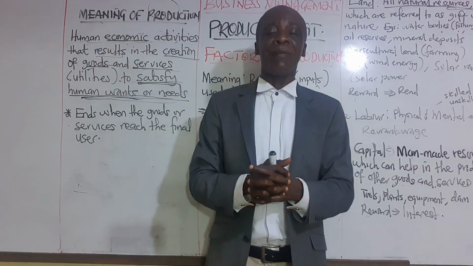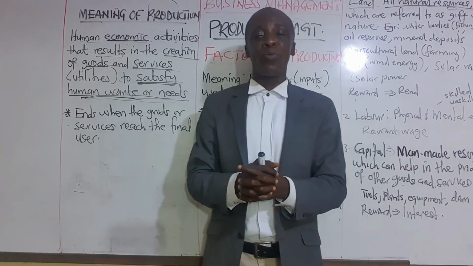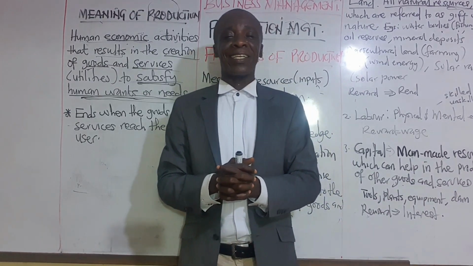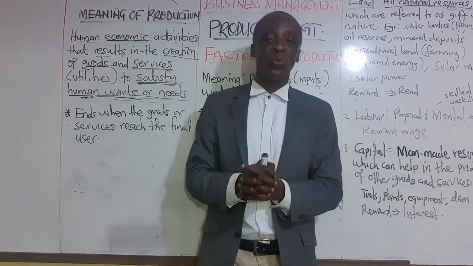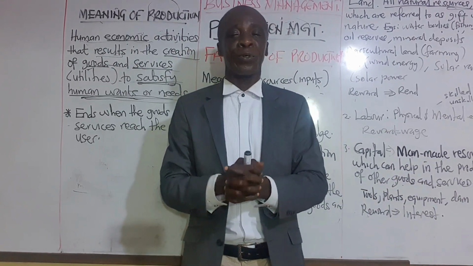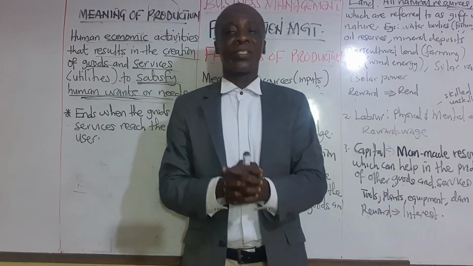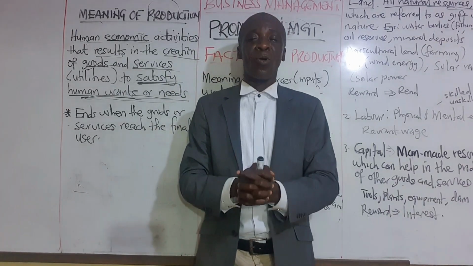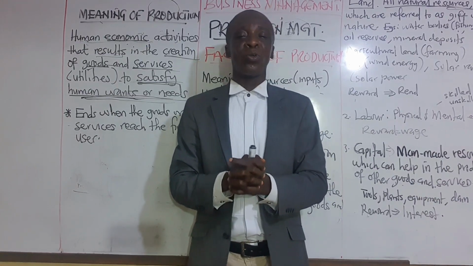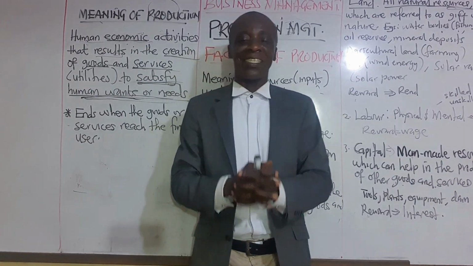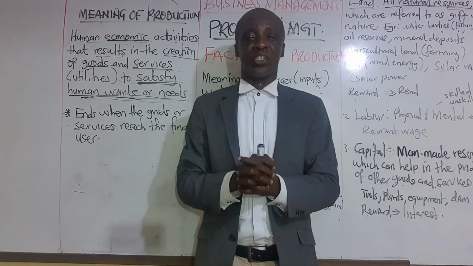Then we came to another point where we said there are certain resources that are used in the production of goods and rendering of useful services. And we said those are called factors of production, or others also refer to them as the agents of production.